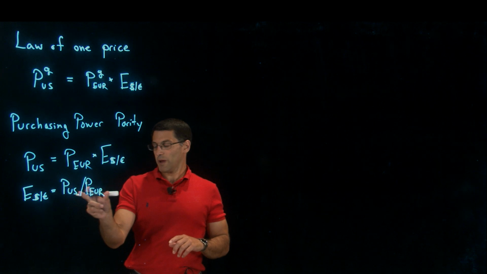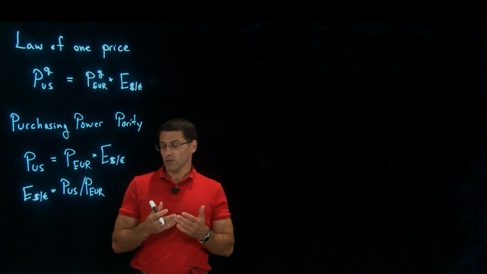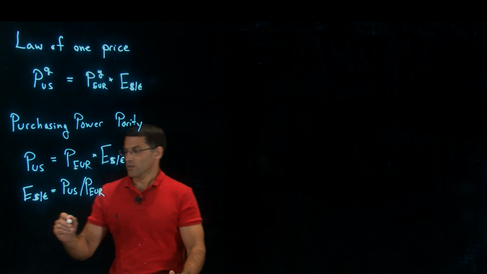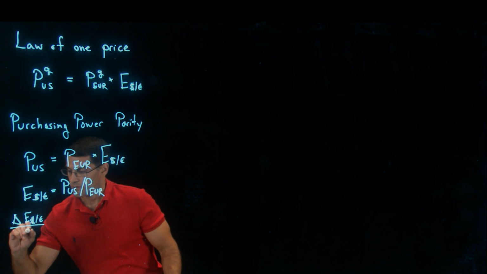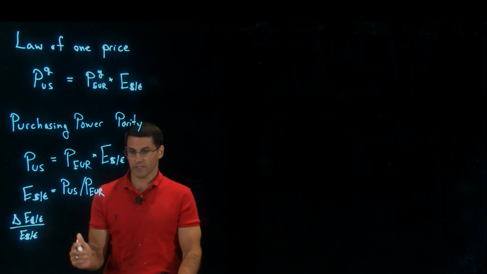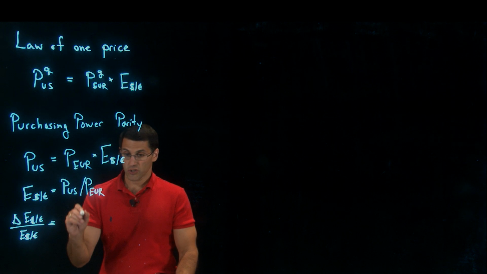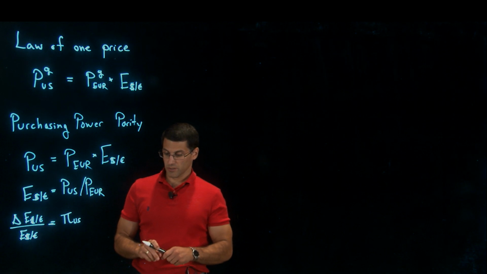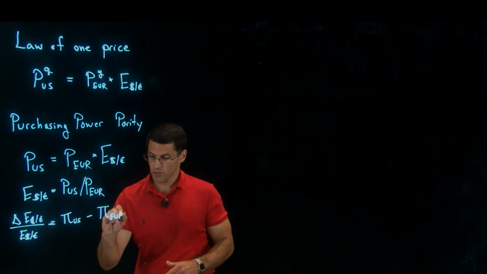And why is that important? Well, if we're trying to understand how exchange rates are determined and how they might change, you can recognize that what this equation becomes, if we look at rates of change, is that the percentage change in the dollar-euro exchange rate, which is the term on the left-hand side, is equal to the percentage change in the price level in the U.S., which is simply the rate of inflation in the U.S., minus the rate of inflation in the Eurozone.